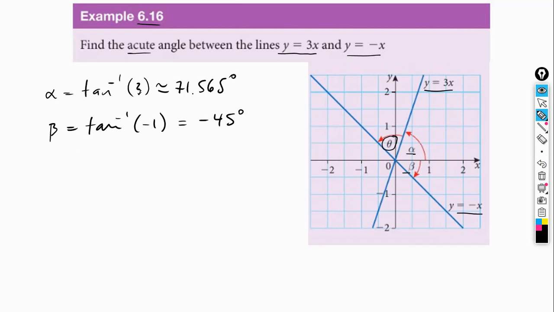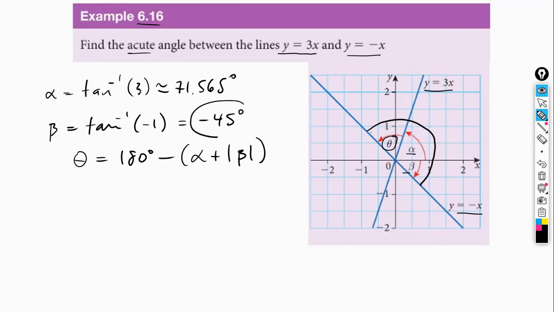So notice that theta is going to equal 180 degrees minus, why 180 degrees? Because all of this is 180 degrees, half a circle, minus alpha plus the absolute value of beta. Why the absolute value of beta? Because we found a negative angle, which makes sense because if you go in this direction, it's going to be a negative angle.